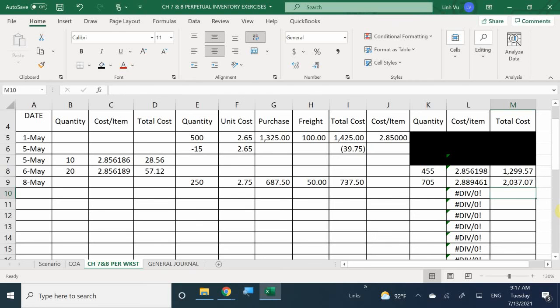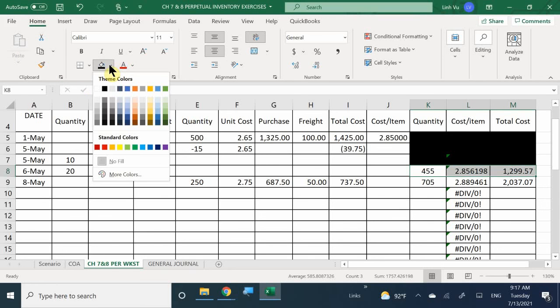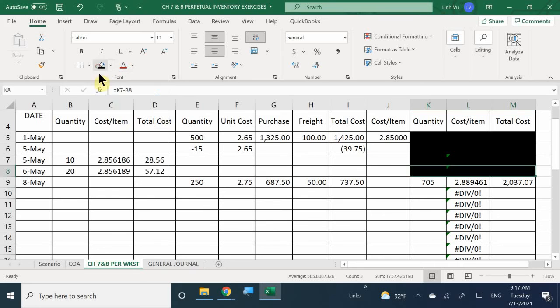It bumped up by 10 cents. So there you go. I'm going to clear this out. Okay. So now I have 705 items available to sell.